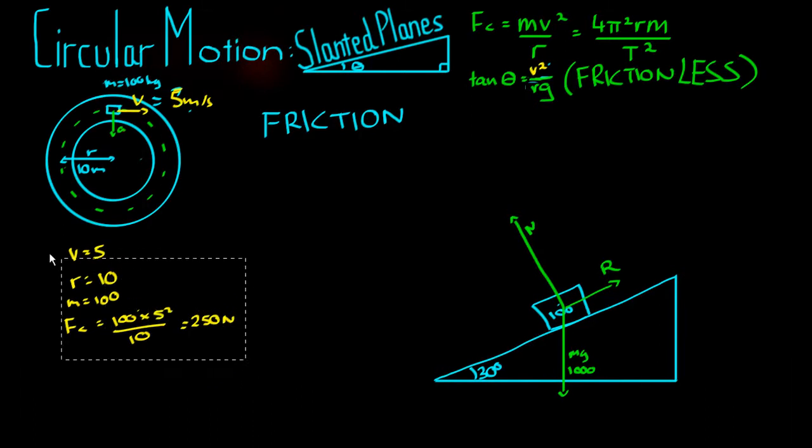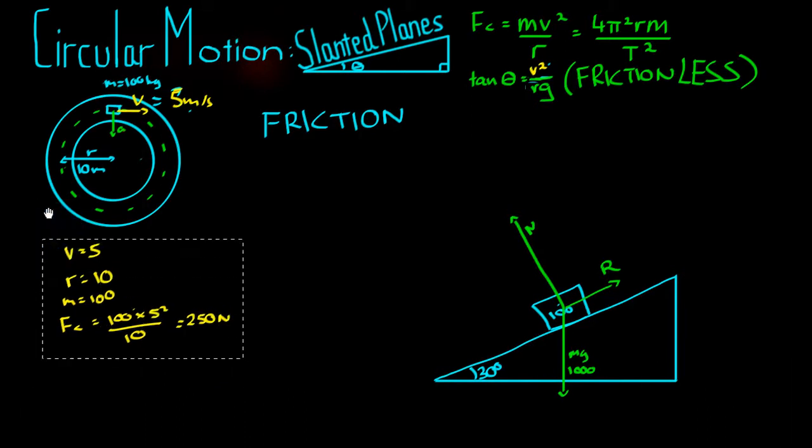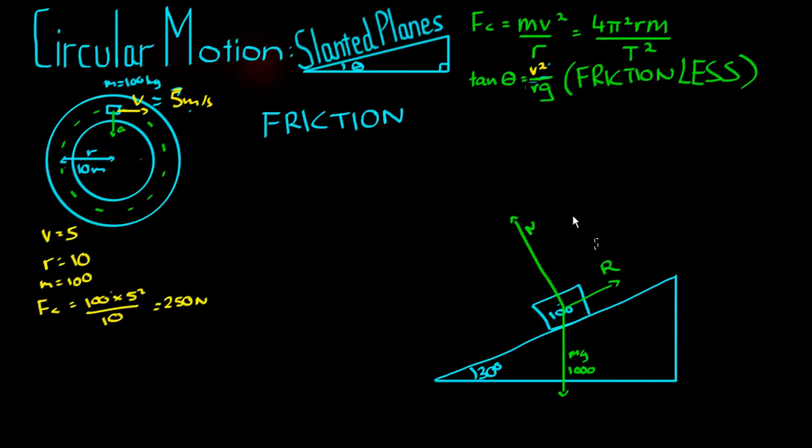250 newtons. So the net force, or the sum of the three forces acting on him over here, has to equal 250 newtons. Furthermore, we'll start putting in a few extra details. This normal force has both vertical and horizontal component.